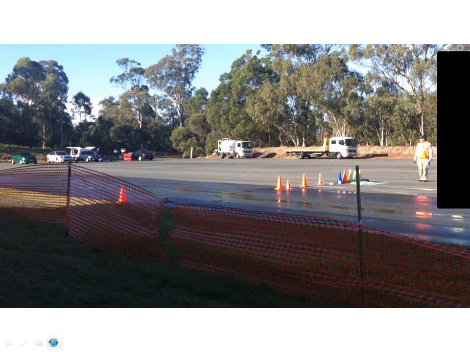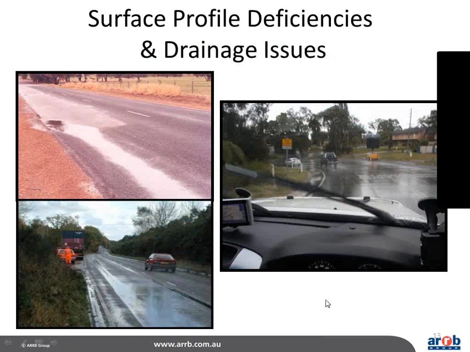But when I think about water being on the road surface, where we tend to get into problems are scenes like this. Top left, where we have some deformation in the road and we get a slight build-up of water, it can't release and congregates in the wheel path. Similarly with bottom left, that's exactly the same mechanism.